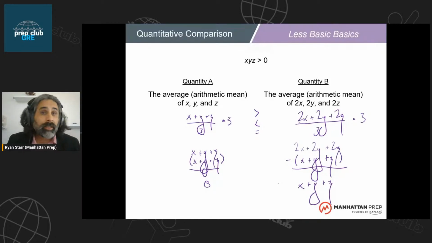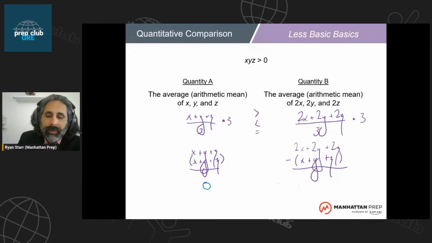But perhaps the more subtle and more important thing that this shows us is this. Right now we're in a position in which quantity A is 0. Let's highlight this a little bit by making it blue. And quantity B is just x plus y plus z.